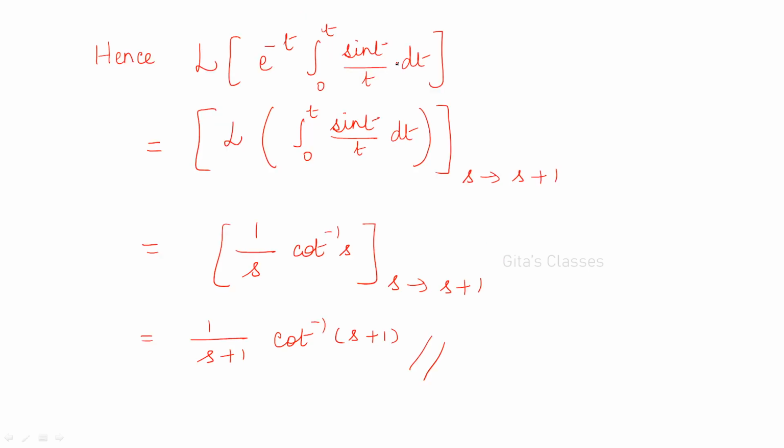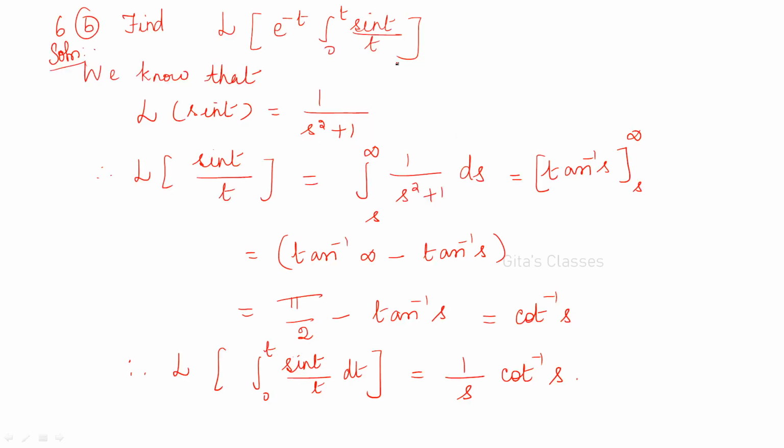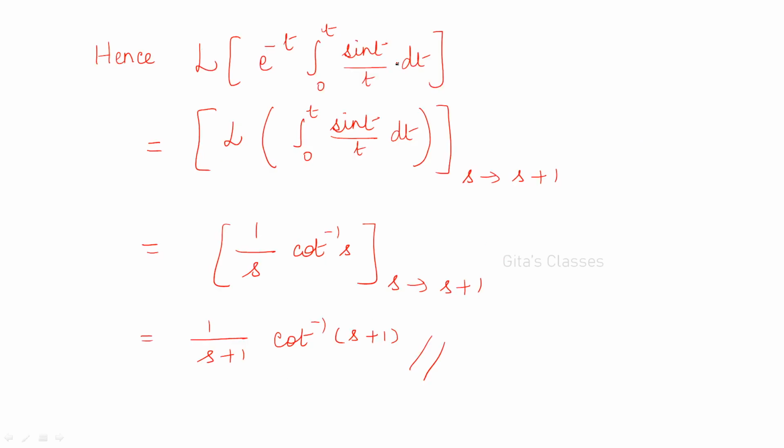Now you have to multiply with e power minus t. So without e power minus t, we have found out the Laplace transform, and it should be divided by s. Okay, and in which s should be replaced by s plus 1. E power minus t is to be multiplied means again first shifting theorem. So replace s by s plus 1. So this is the answer.